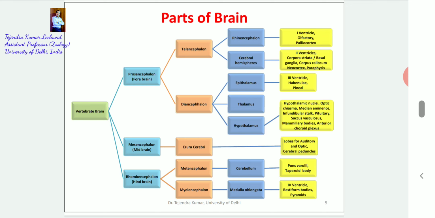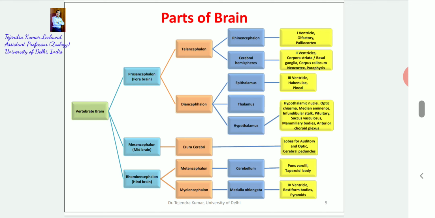Because it has a horn-like structure on its nose, and that's why it is called rhino. So rhinencephalon means this part controls our activities related to the nose. Here the first ventricle is also present. Its portion is related to olfactory structure and paleocortex.